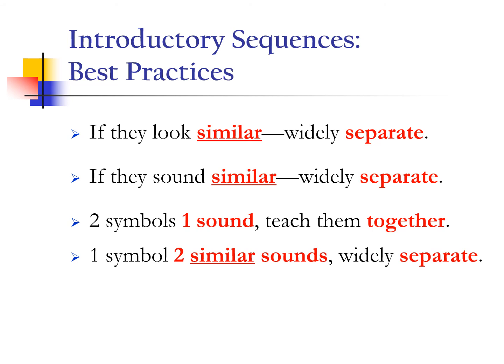If you have one symbol for two similar sounds, widely separate them. So for the most part, you widely separate with strings of neutral symbols in between, but if they are two symbols that represent a single sound, you teach them together. Those are the most effective introductory sequences.